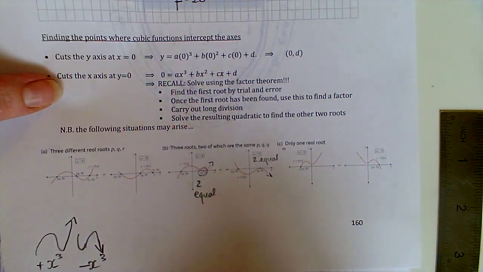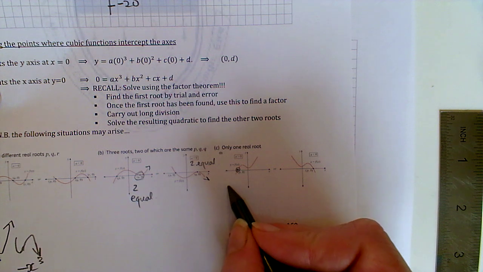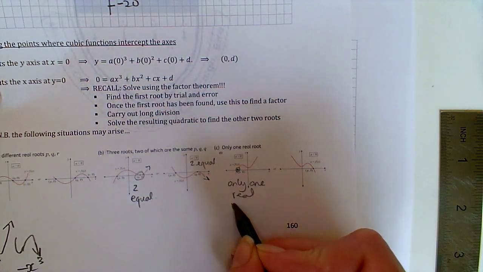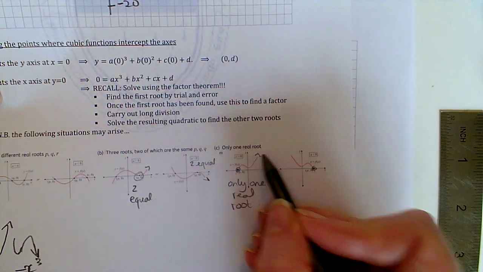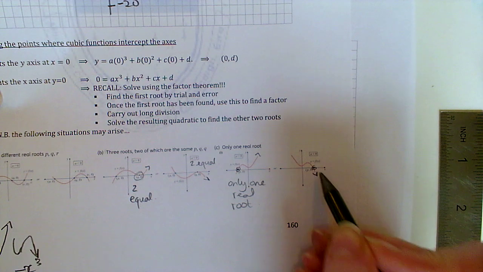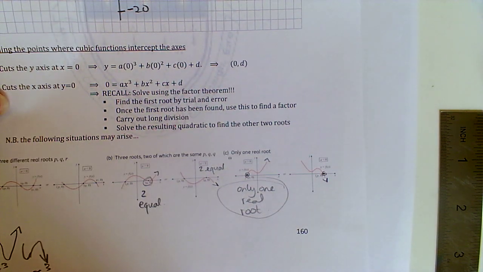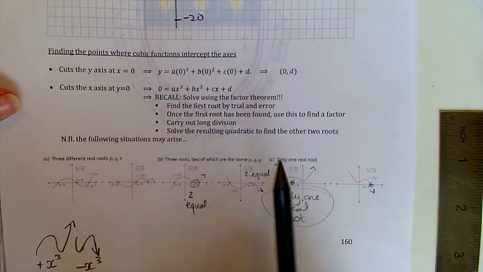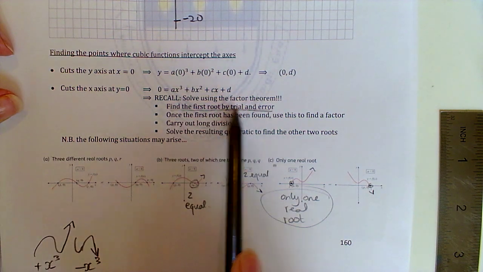And the final type is where you only have one real root. And again, you can be ending upwards or ending downwards with each of those. This type here, if you remember how we find the roots of a cubic function, the first thing you have to do is find the first root by trial and error.